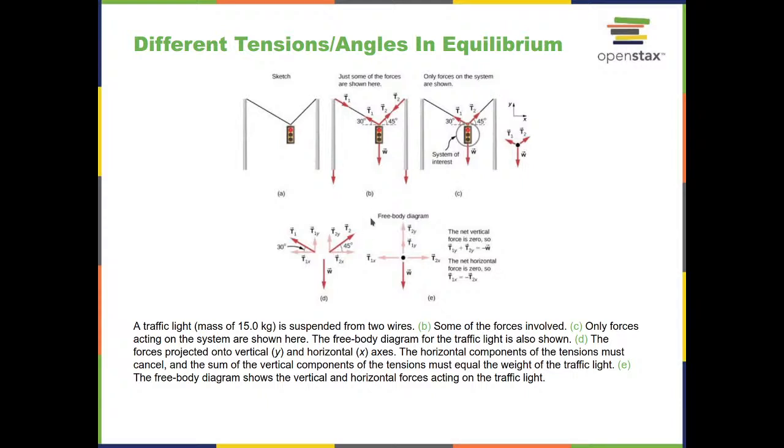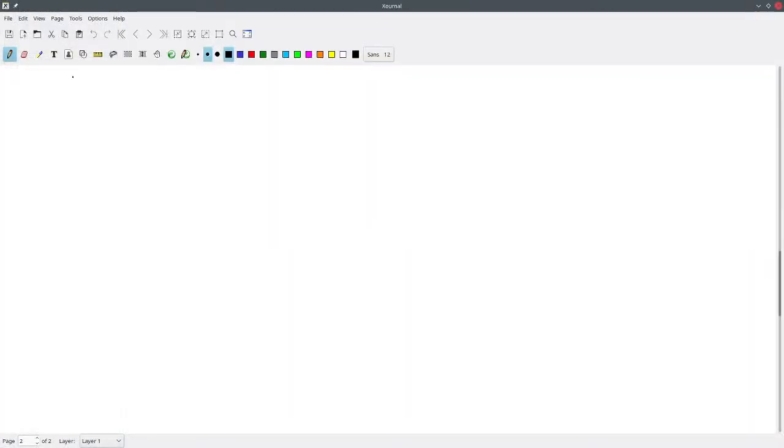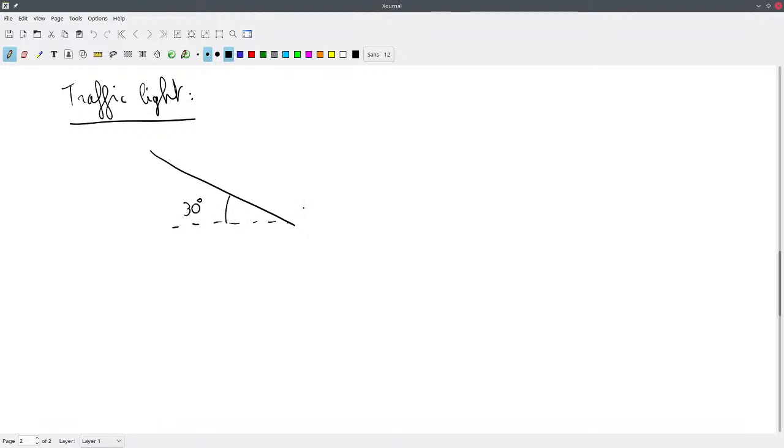So again, if we were to draw this free body diagram, let's call this the traffic light. We have one angle at 30 degrees with the horizontal, and this one is at 45 degrees with the horizontal, and the traffic light hanging here is just a mass.